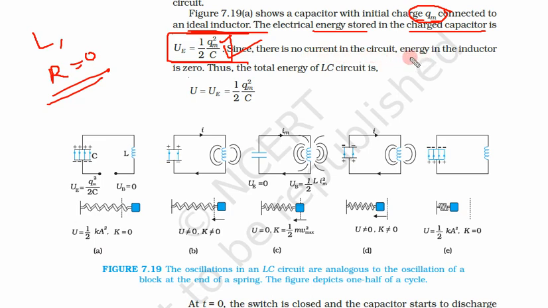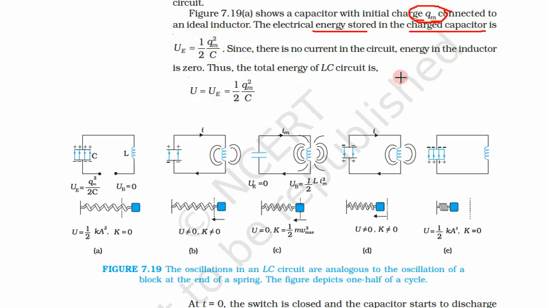Since there is no current, the energy in the inductor initially is 0. Let us try to understand this figure. We have this figure in 5 parts. Initially we have a capacitor and an inductor. Initially the circuit is open and we are charging the capacitor up to a maximum value Qm.